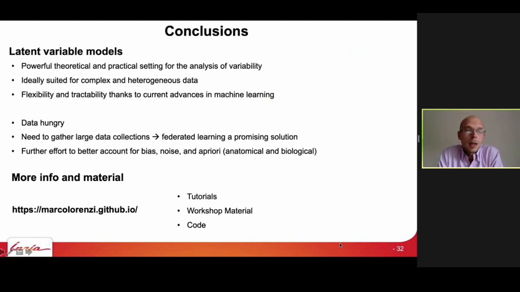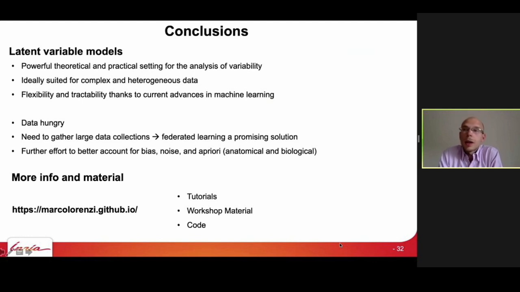And these days, they are becoming more and more exploitable thanks to advances in machine learning, for example through stochastic gradient descent, backpropagation, and so on. And usually there are a lot of parameters involved, so we need to gather a lot of data, and that's where we see that federated learning can be a promising solution for further developing the use of this model in practical scenarios.